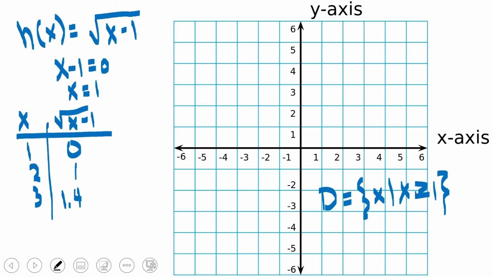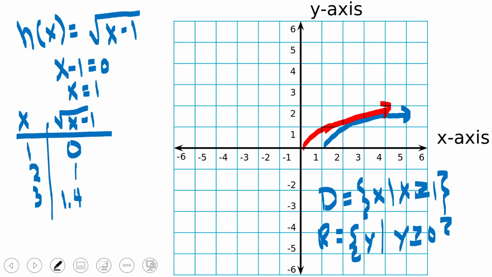And to graph this, we would start at 1, 0, and then it goes to 2, 1, and it looks like this from our parent function. Alright, so now the range here are all the y's, so all the y's such that y is greater than or equal to 0 in this graph.